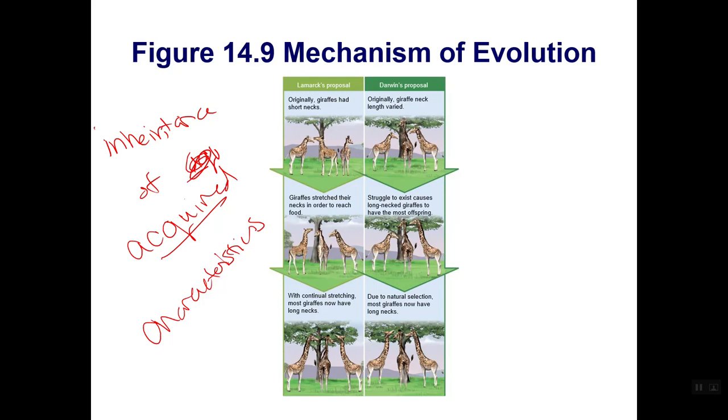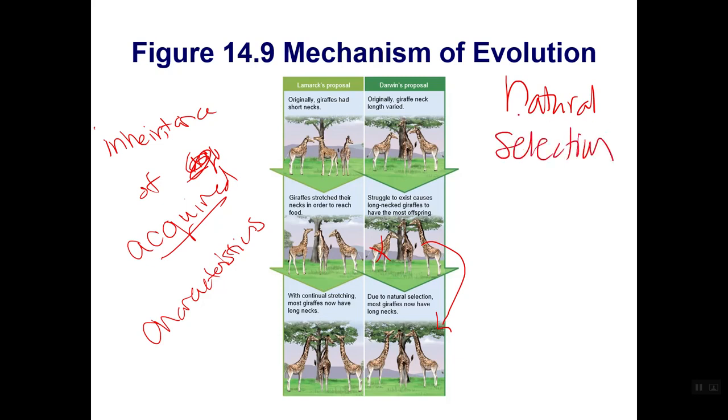But the giraffes that had shorter necks were going to invest more of their energy into just remaining alive and trying to get food. They're not worried about mating. And oftentimes those that struggled to consume food would die from starvation, and thus their genes would die out with them. And then the long-necked giraffes would breed and thus produce more long-necked giraffes. So that's Darwin's view.